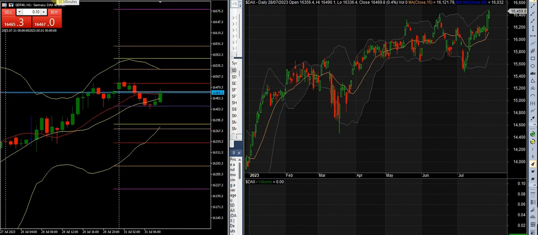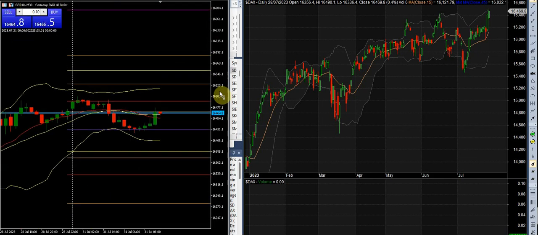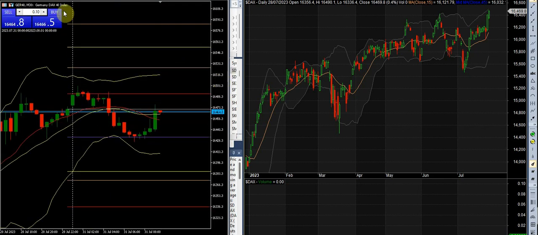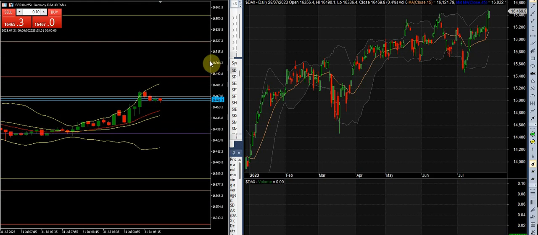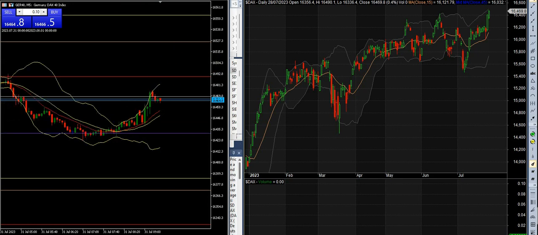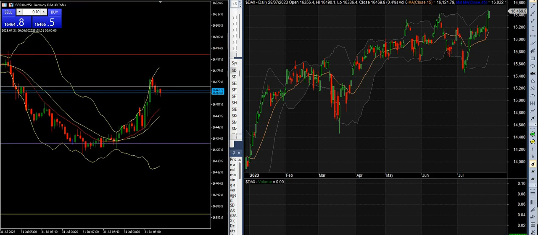So you're just building a bias, building an understanding of what other traders might be looking for, what the charts are saying. Because if you have a look at charts and you say, in hindsight, this would have been a perfect setup, don't give yourself that excuse of hindsight.